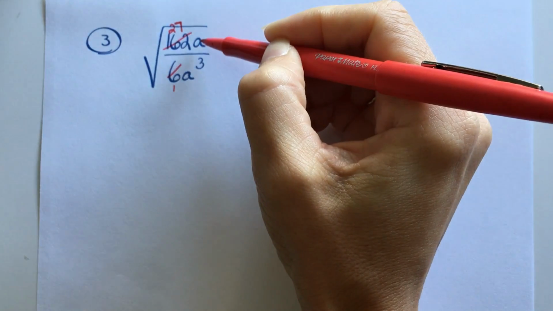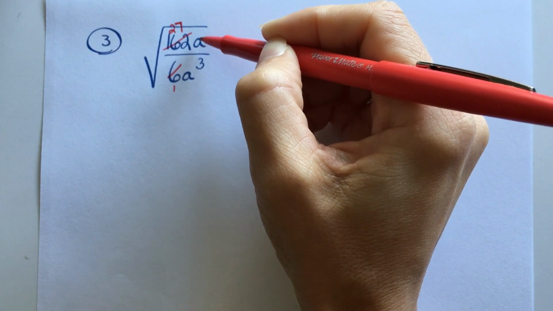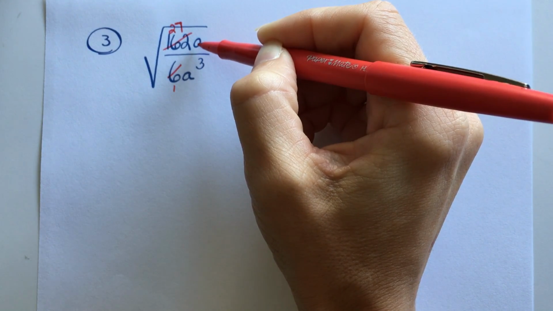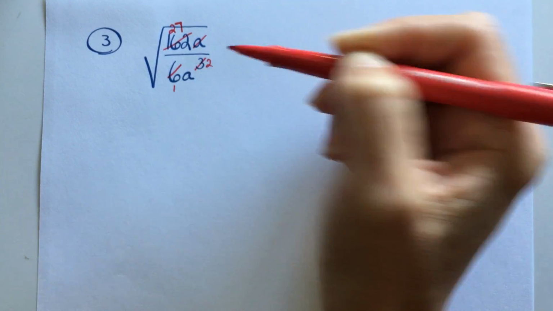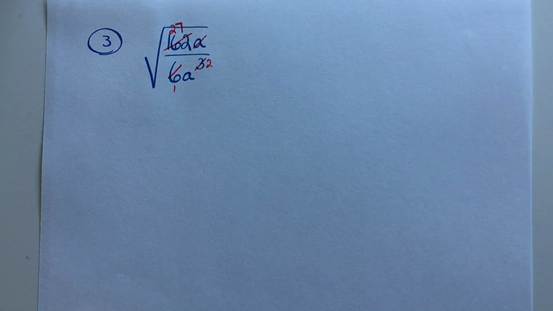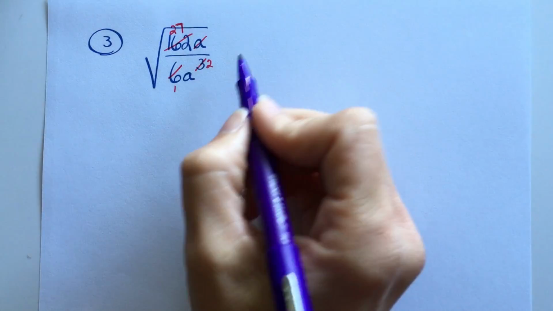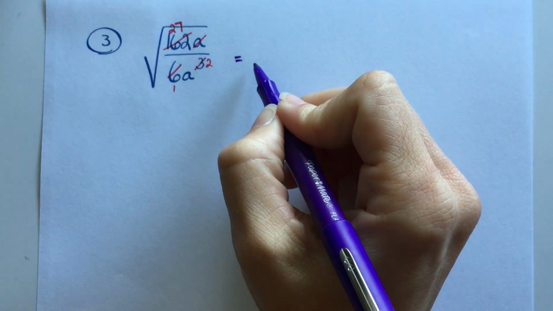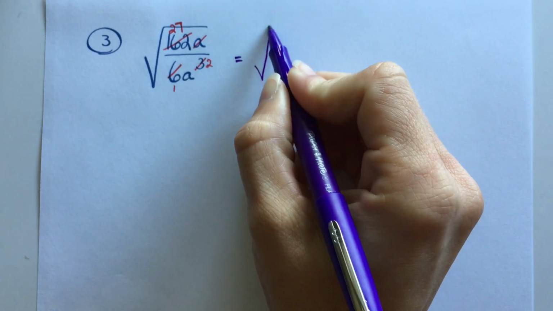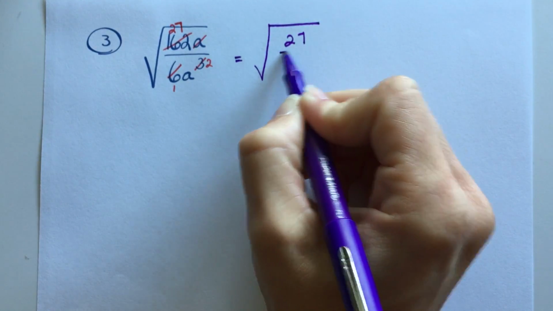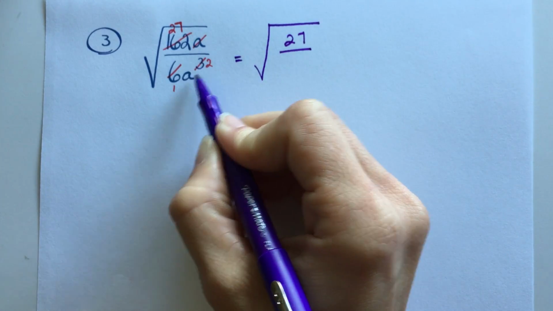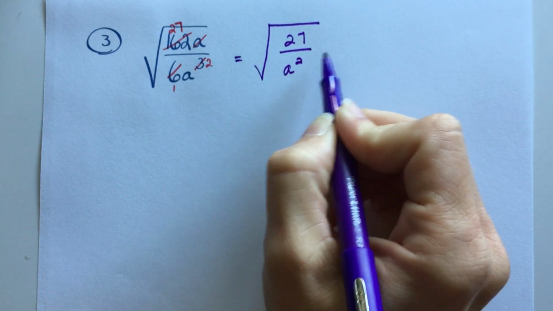All right, now you have 1A on the top. So this 1A will cancel one of these out, which means there would still be 2 of them left. Okay, so what I have is the square root of the 27. I've got that on the top. And on the bottom, I have a to the second.